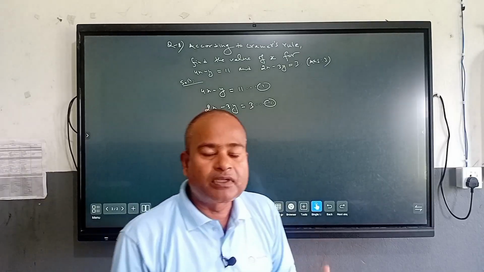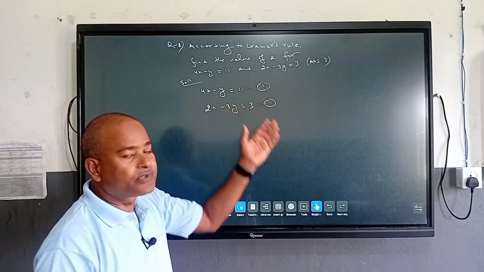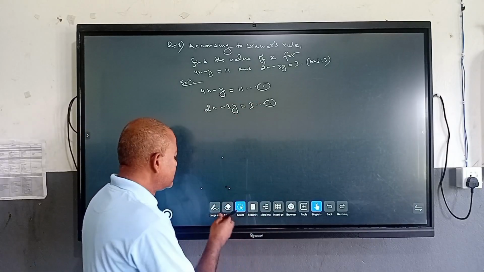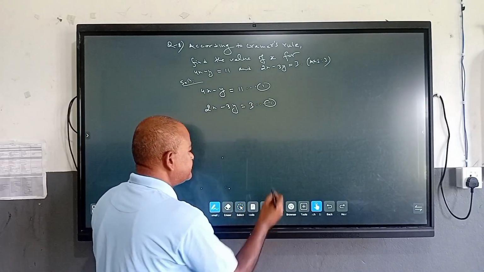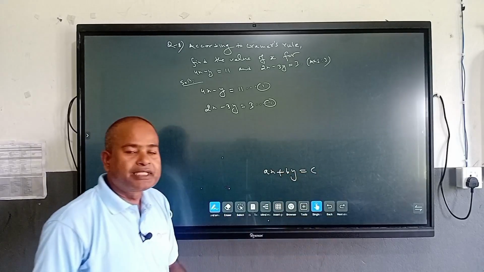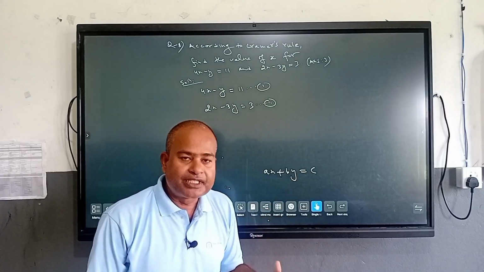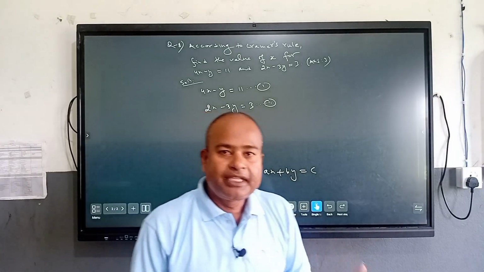Then only we can solve. Otherwise we have to rearrange the terms of the equation and always write the given equations in the form ax plus by equals c. Otherwise we cannot apply Cramer's rule.